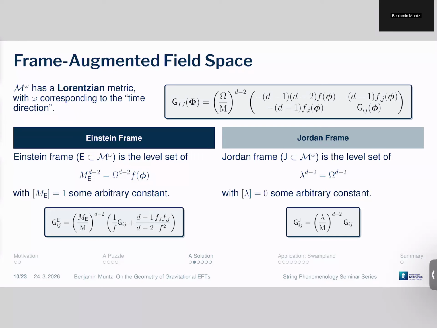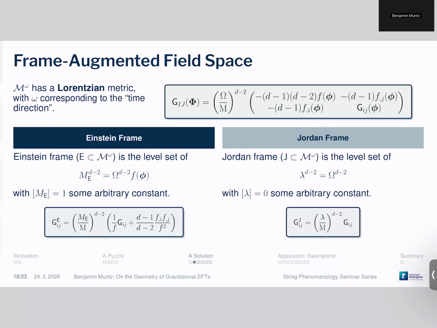And so therefore, I also want to make it clear that all of these different frames related by constant Weyl transformations are, in a sense, the same frame. There's not just one Einstein frame or one Jordan frame. There's really a continuum of Einstein frames. But the reason why we can make do with just considering one of them is because this continuum of Einstein frames, they're all related by constant Weyl transformations.